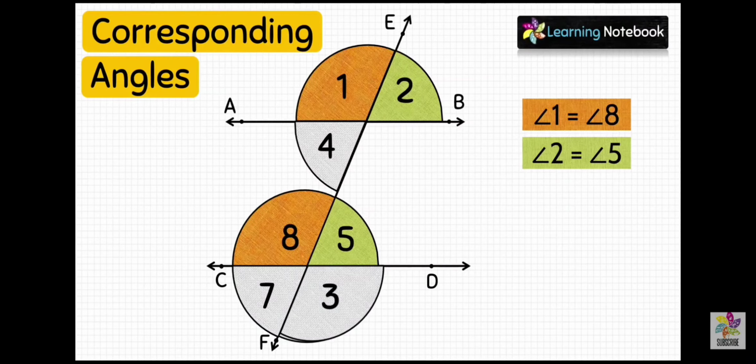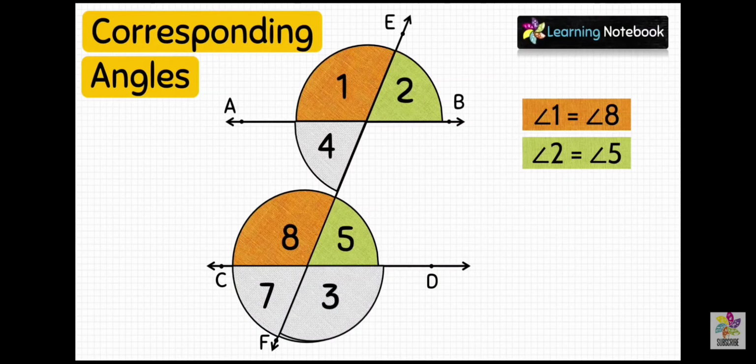Now, place the cutout of angle 4 on angle 5 as shown here. We see that angle 4 completely covers angle 5. It means that the first pair of alternate interior angles are equal. Now, let's place angle 3 on angle 8 as shown here.